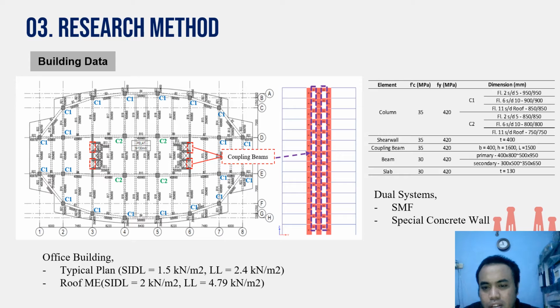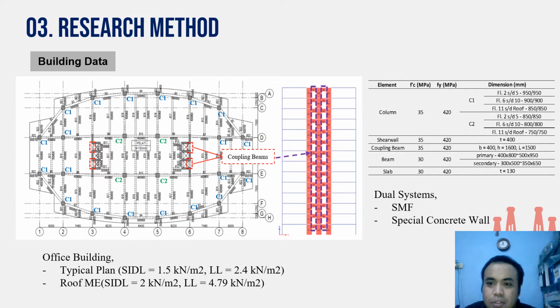We can see in the table, column used 35 MPa for concrete strength, shear wall used 35 too, like the column, and coupling beam used 35 MPa for concrete too. Beam and slab use 30 MPa for concrete.